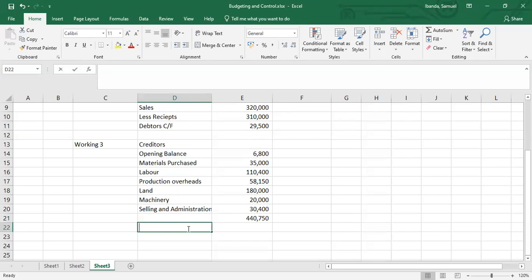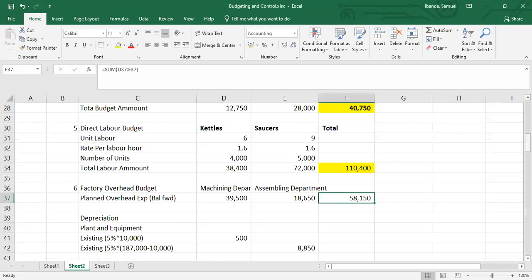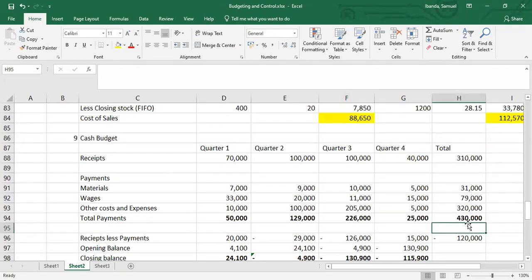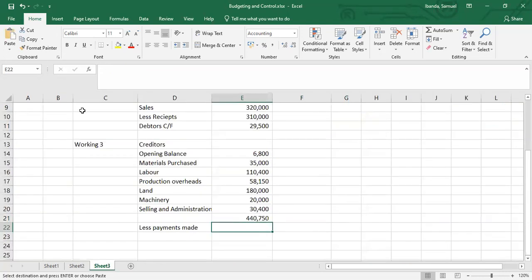Then ours is to now less the payments, okay? Less payments made. Now, payments made, those we shall go to our cash budget, which we drew here. As you can see, our total payments were standing at 430, okay? So I'll pick my 430 from my cash budget for payments and bring it right here.